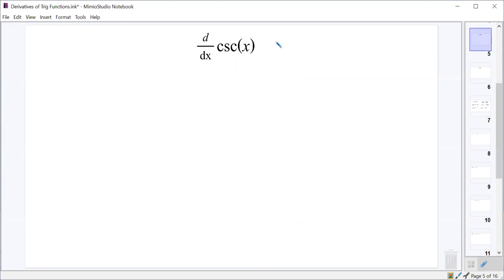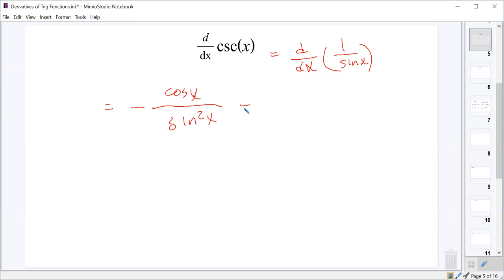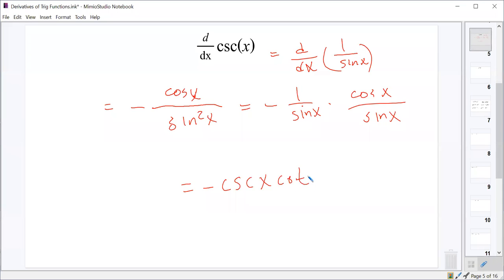All right, what about the derivative of cosecant x? That's the derivative of 1 over sine x, isn't it? Gives us negative derivative of sine, which is cosine, over sine squared, or negative 1 over sine times cosine over sine, which is negative cosecant x cotangent x.